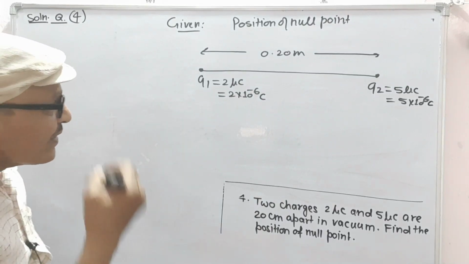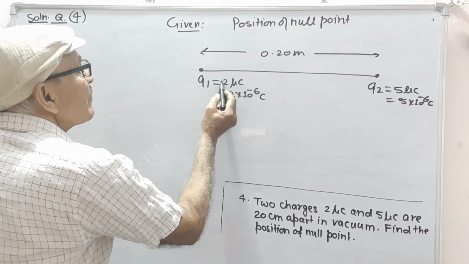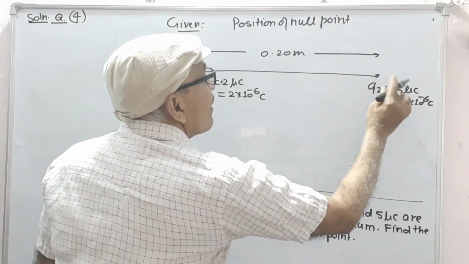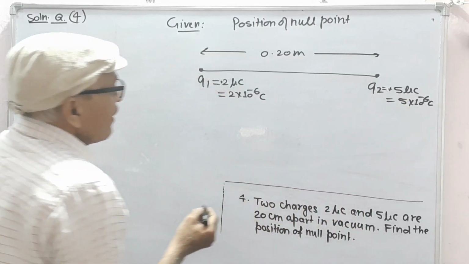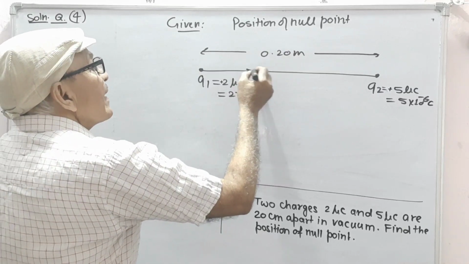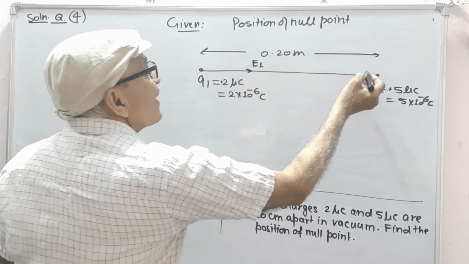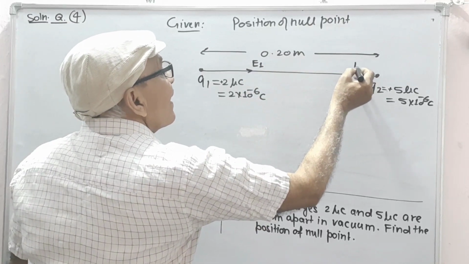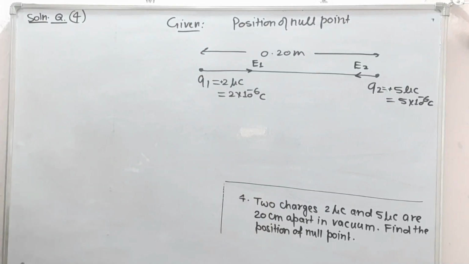Now, unlike the above question, in this case both charges are positive. Therefore, the electric fields between them will be directed towards each other. That is, force will be repulsive.